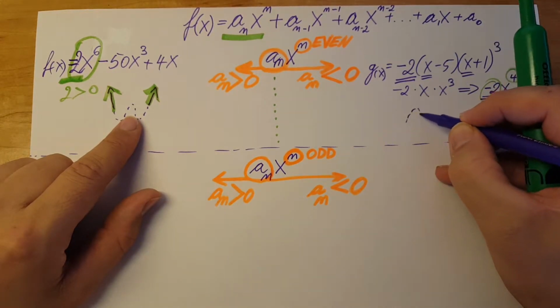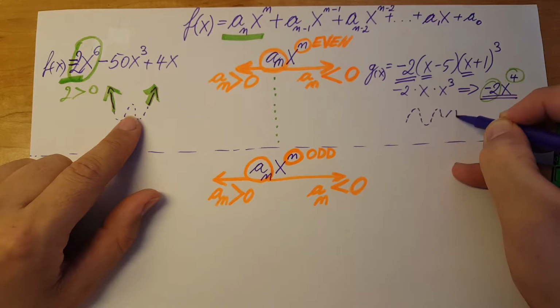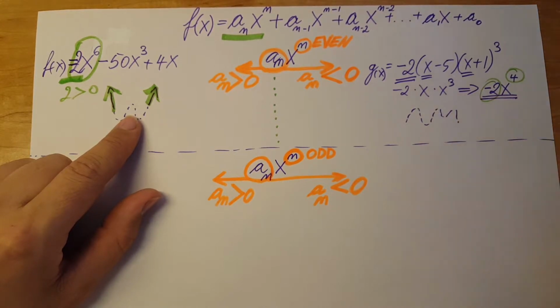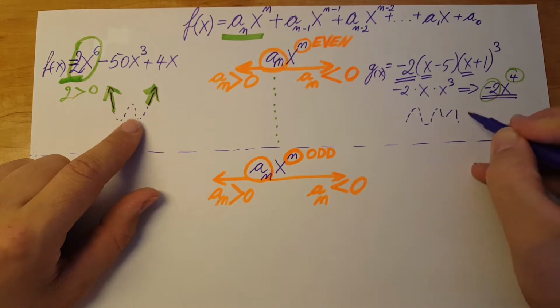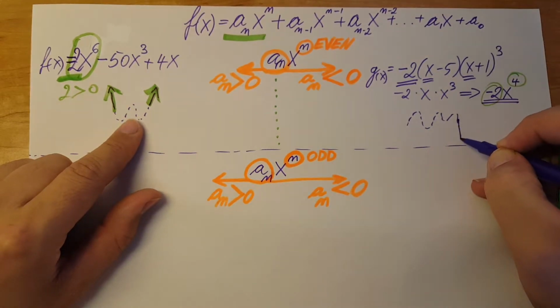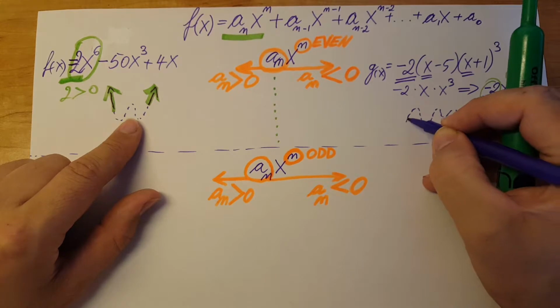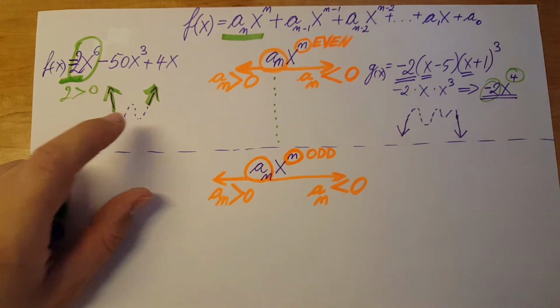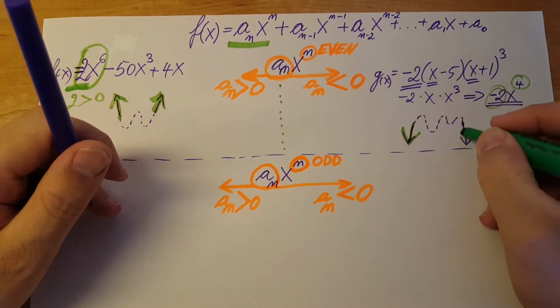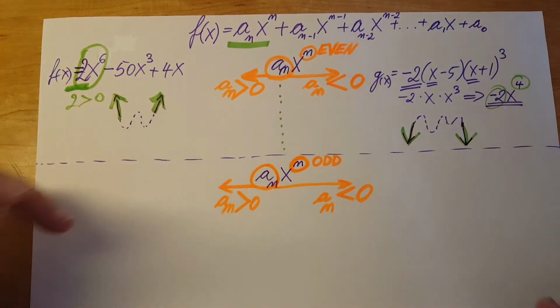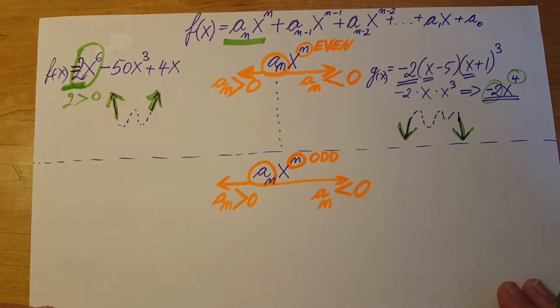Our function will do whatever it wants in the middle. We don't pay attention to that right now, but what we know for sure is that the end will go down and the beginning will also go downward. So these two parts behave this way for sure.